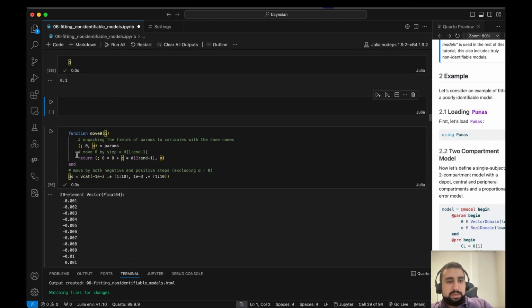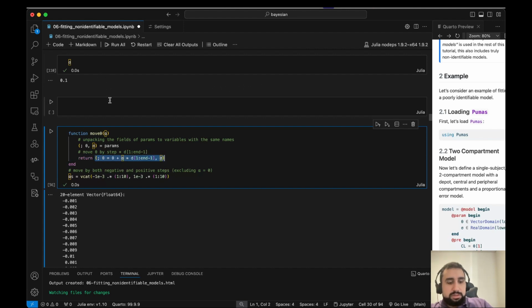So that's just an unpacking syntax to give me 2 variables, theta and sigma, and then I'm taking theta and adding to it alpha times the first 5 numbers of D, and I'm leaving sigma unchanged, and I'm creating a new named tuple here.